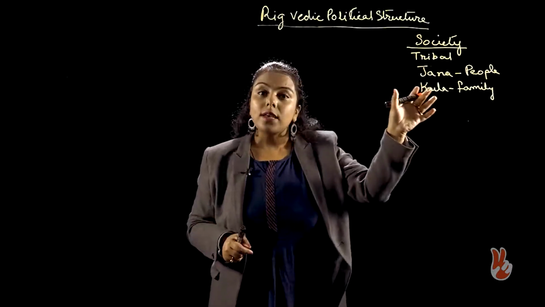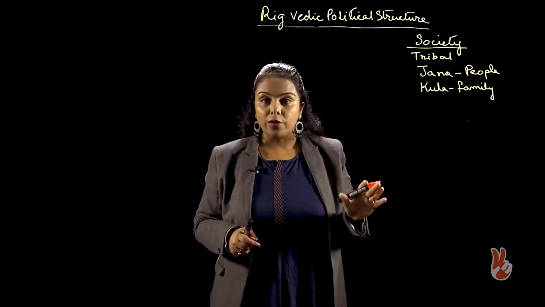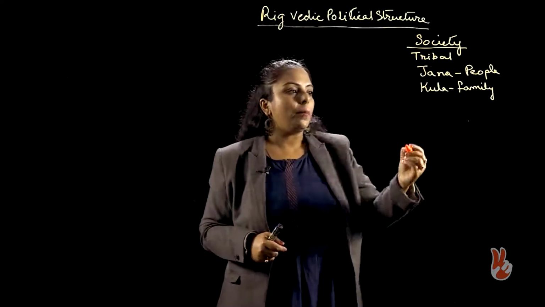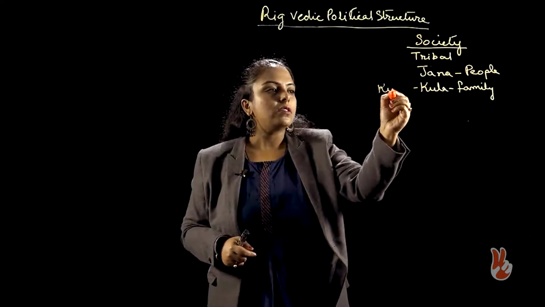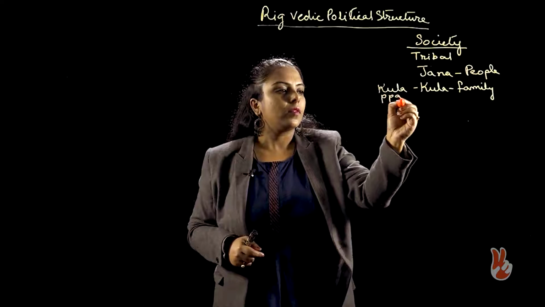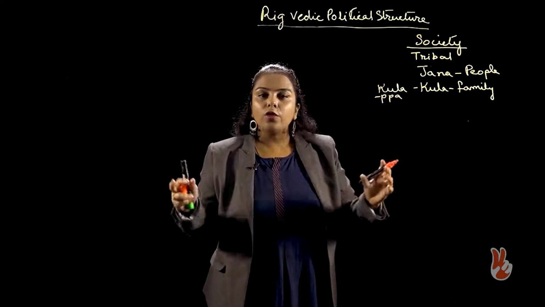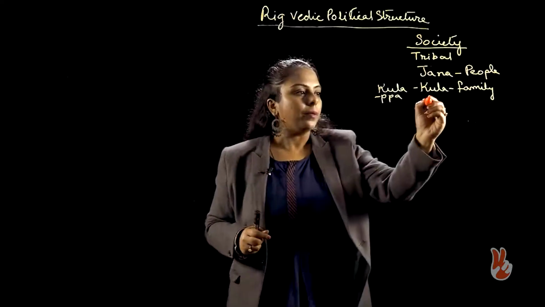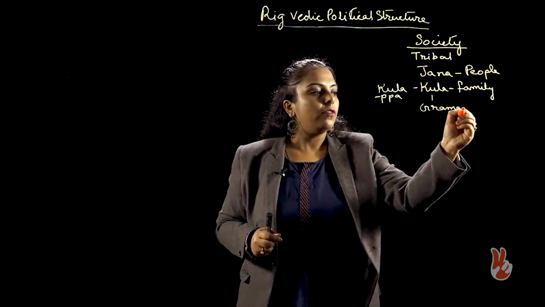The Kula was an extended family, and the oldest patriarch of the family was called Kulappa. So, who was the head of Kula? The head of Kula was Kulappa. Now, a collection of Kula made a grama. What is a grama? Grama means a village.